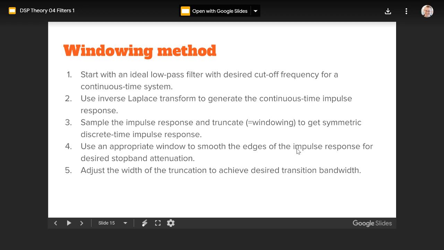But then this sinc, of course, transforms back into the box. So that's the same as that box here.